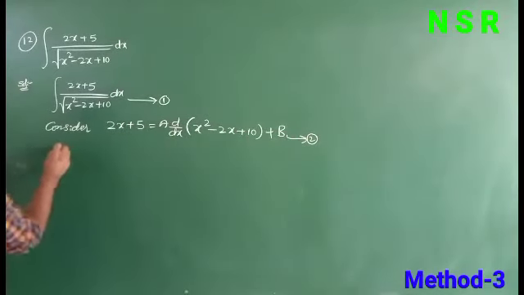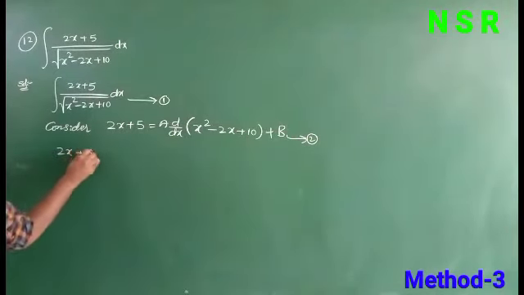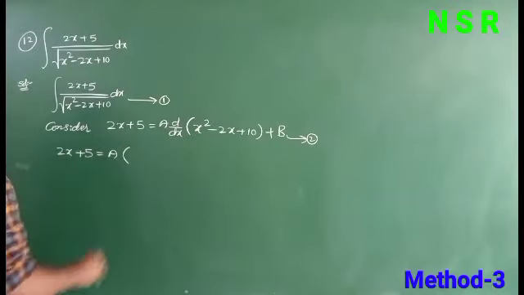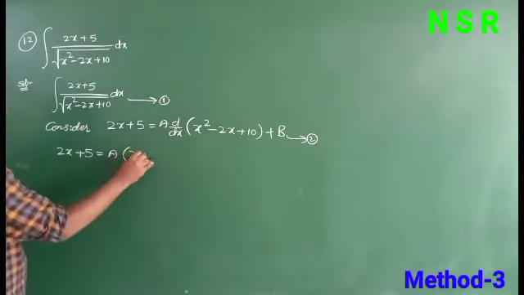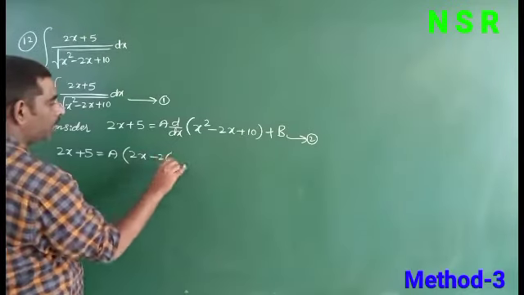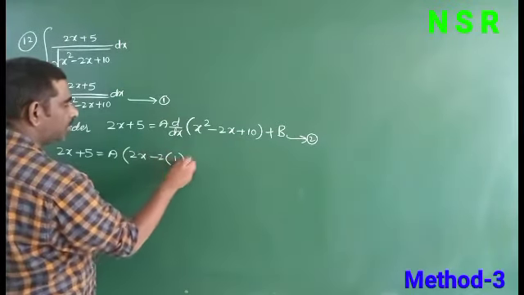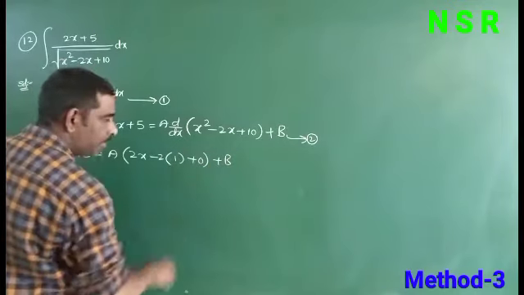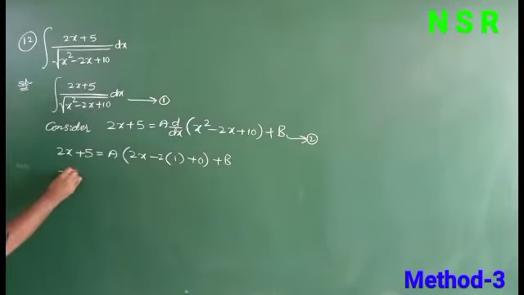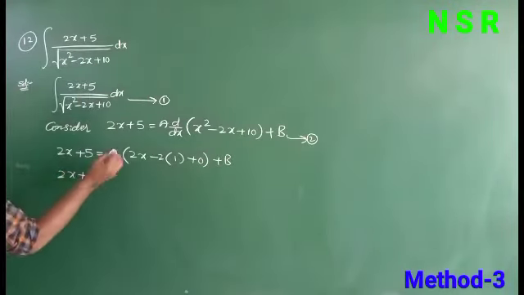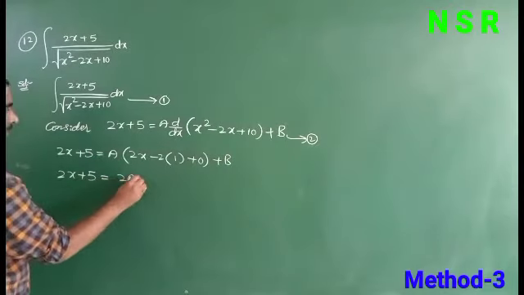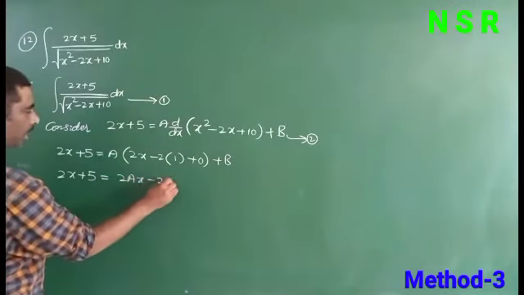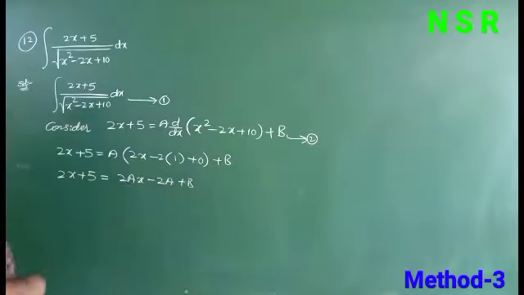Now simplify this: 2x plus 5 equals A into d by dx of x square minus 2 into d by dx of x plus d by dx of 10, which is 0, plus B. Now 2x plus 5 equals 2Ax minus 2A plus B.